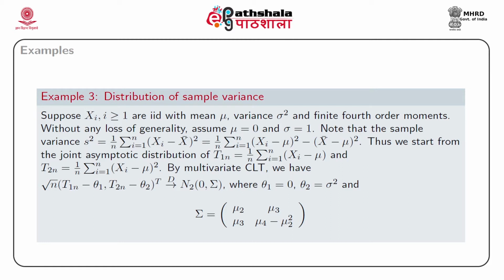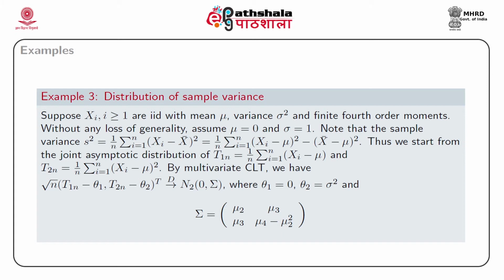Then it follows from a multivariate CLT that square root of n multiplied by the vector with components T1n minus theta 1 and T2n minus theta 2 is bivariate normal with mean 0 and dispersion matrix sigma, where sigma is a symmetric matrix with first row as mu2 and mu3 and the second row has the elements mu3 and mu4 minus mu2 square.